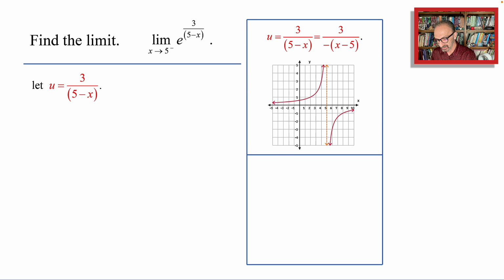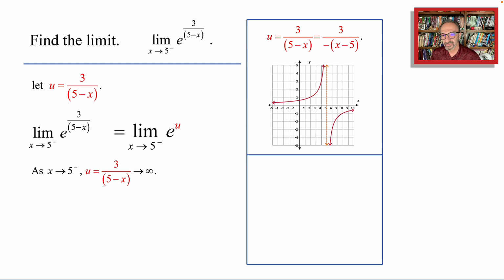Now if I change this and I rewrite it as u, the problem becomes the limit of e to the u as x approaches 5 from the left. But we can't have a u here and x here. We need also to handle this part right here and change it to the u language. How do you do this?